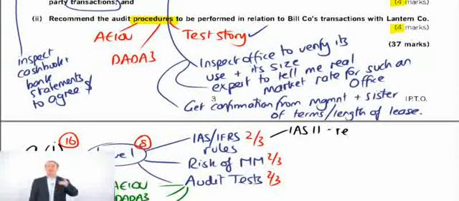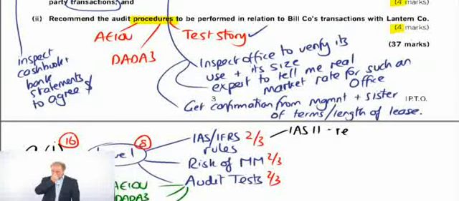If you wanted to go down AEIOU, analytical is compare. Compare that office space with other office space currently being advertised to see how much it's being advertised for. That would be another way of finding out what the market rate is. We've done inquiry. Inspection. We've already inspected the premises.